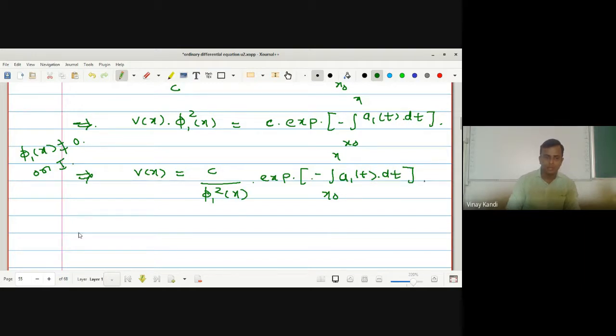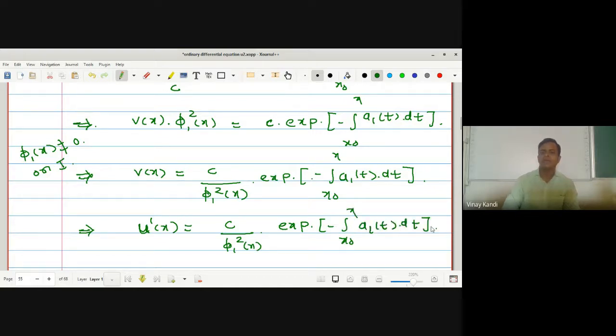But what is v of x? V of x is nothing but u dash of x, which is equal to c into phi1 square of x into exponential of minus x naught to x a1 of t dt.